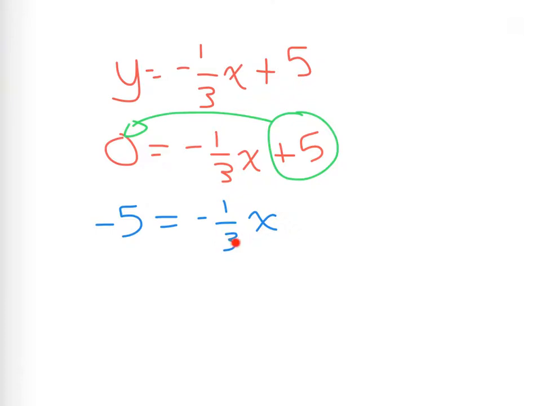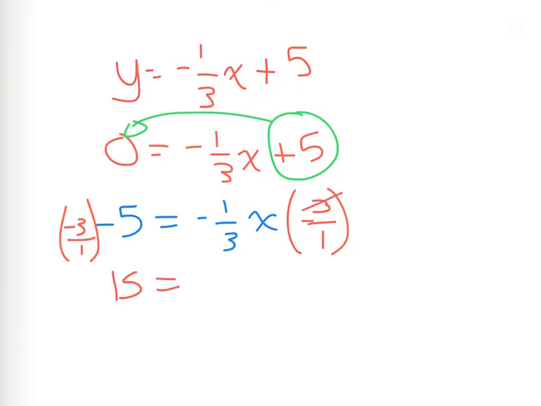Technically what I'm doing is dividing, but the second step in dividing fractions is multiplying by the inverse, so I'll just jump right to that step. If I multiply both sides by the inverse, negative 3 over 1, then on this side, negative 3 times negative 5, I get a positive number: positive 15.